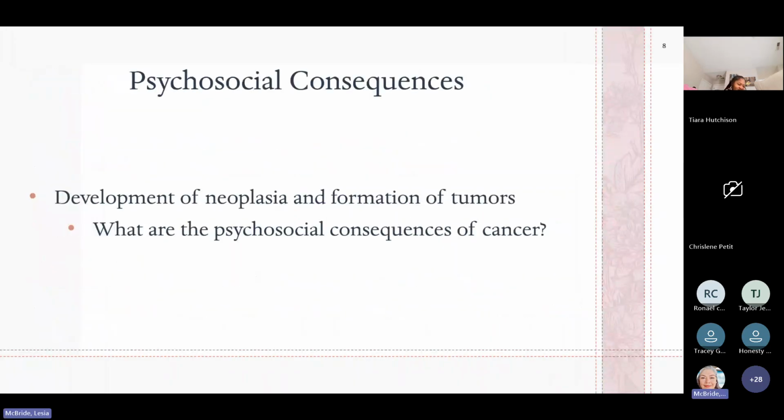So what are the psychosocial consequences of, of course, development of cancer? It's very scary. Fear, stress, anxiety, changes in family dynamics because of the stress, especially if the person who has cancer was the main financial contributor in the family.